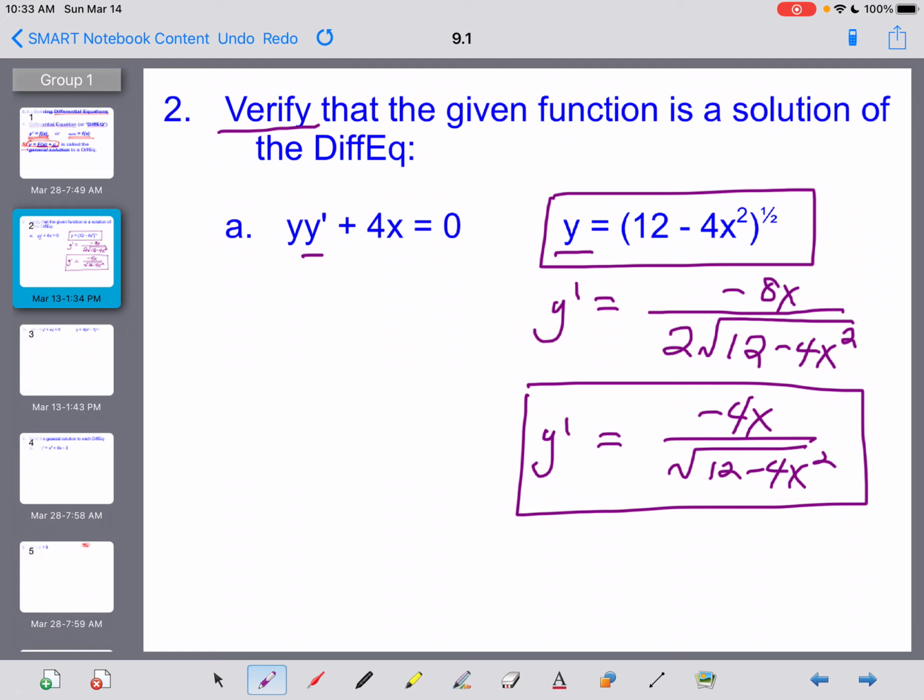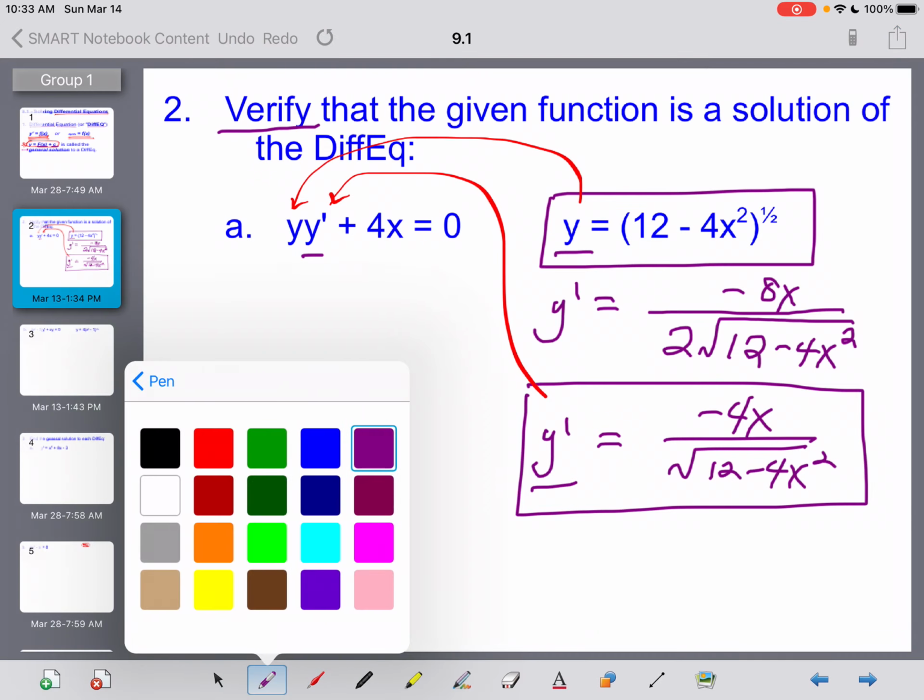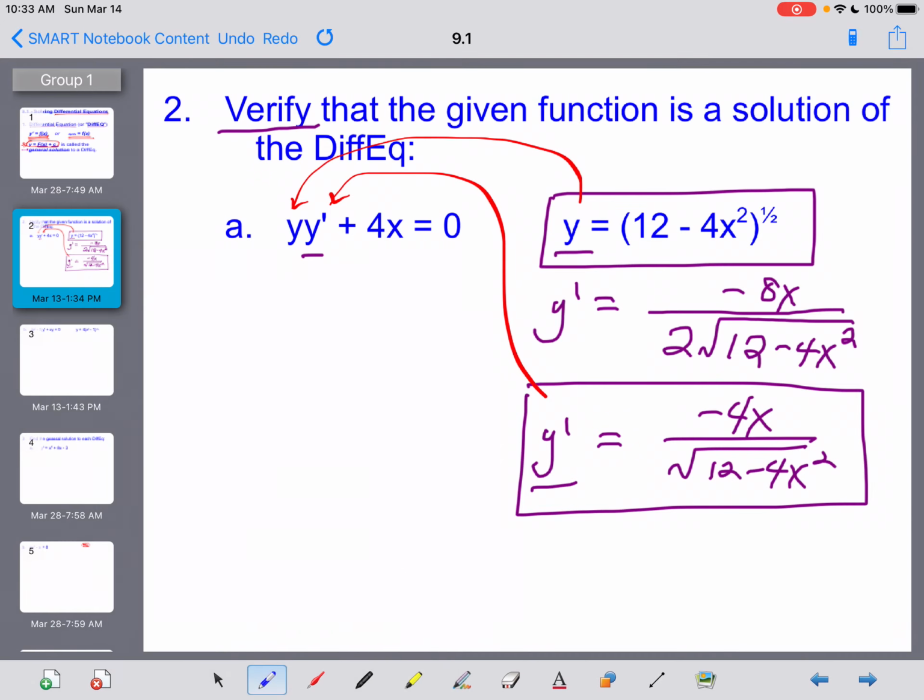And now that I know y and y prime, I am going to take those two expressions and substitute them in for y and for y prime in the original differential equation that they gave us. So let me switch colors here. I think I'm going to go to blue on this one. And here we go. I'm really just recopying this original equation, but with substitution.